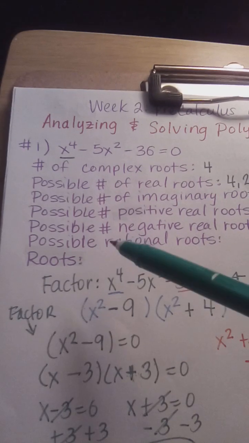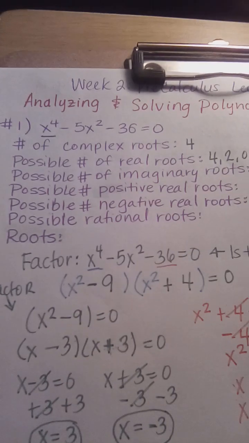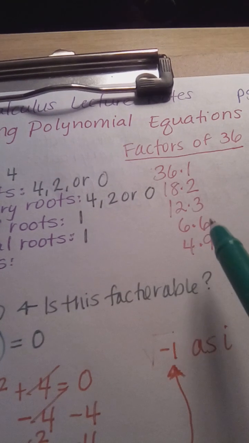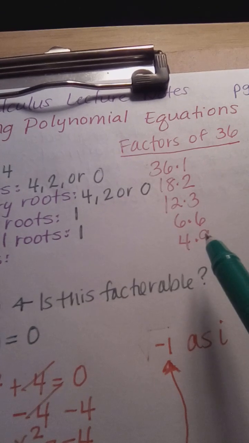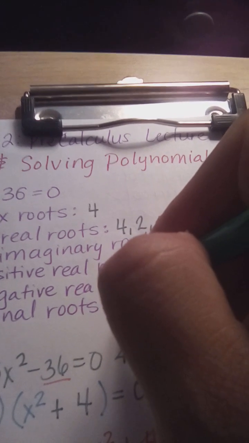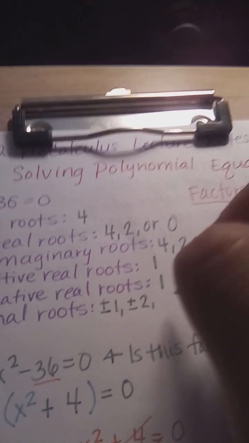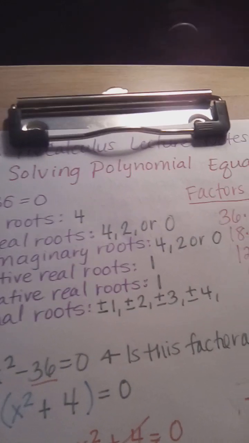Watch. Possible rational roots. All right. These are the possible roots. Possible rational roots. I'm going to put this in order. Let's do 1, positive or negative 1, positive or negative 2, positive or negative 3, positive or negative 4, right?